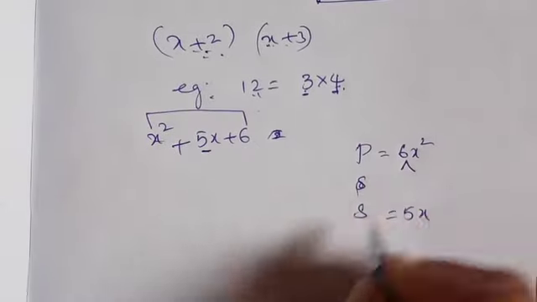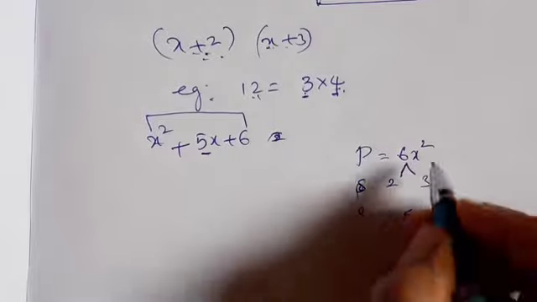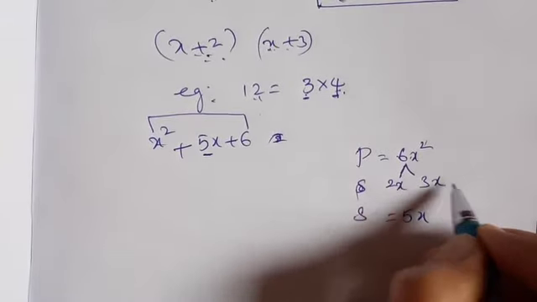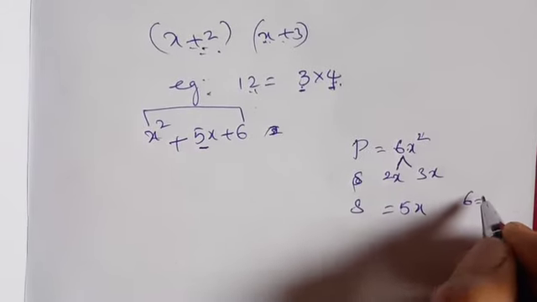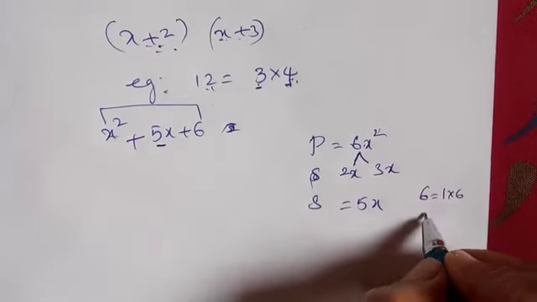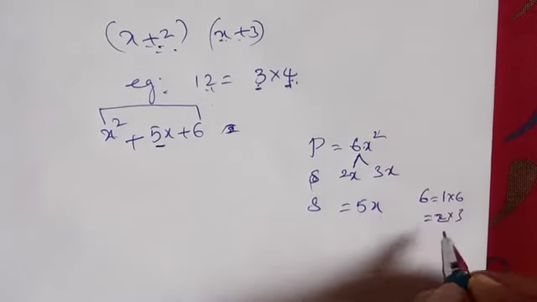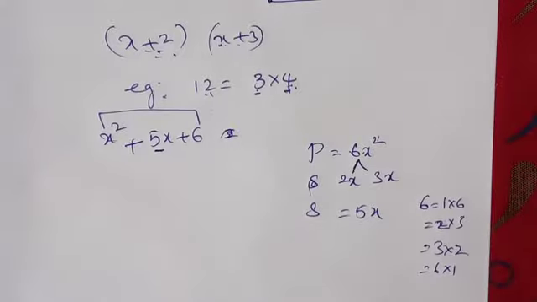So children, 6 factors are 2 and 3. x square factors are x and x. Yes, we can check it. 6 factors, how can we write? 1 into 6, 2 into 3, 3 into 2, 6 into 1. We will write the factors of 6.